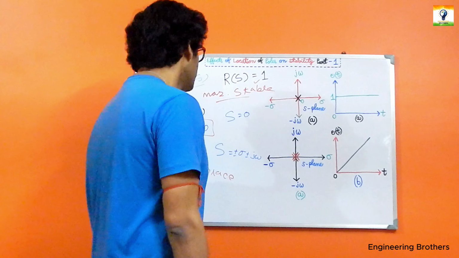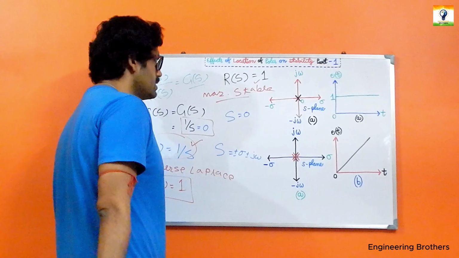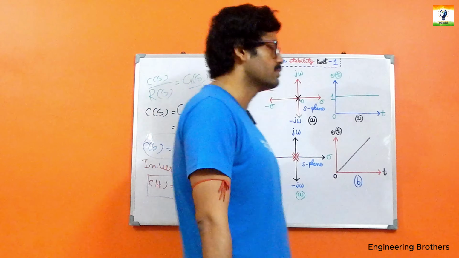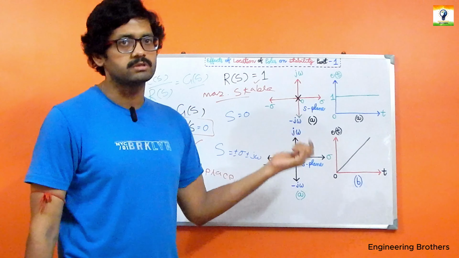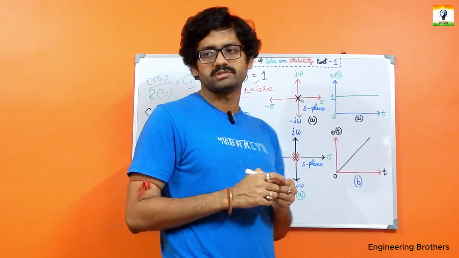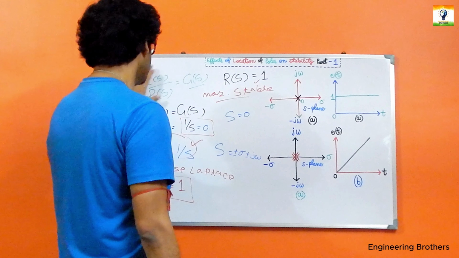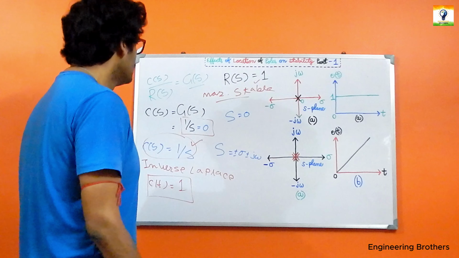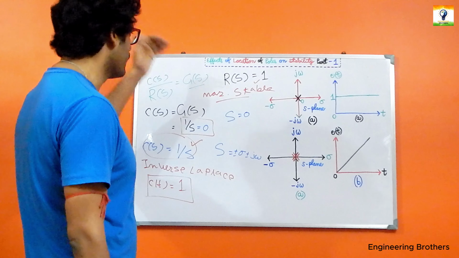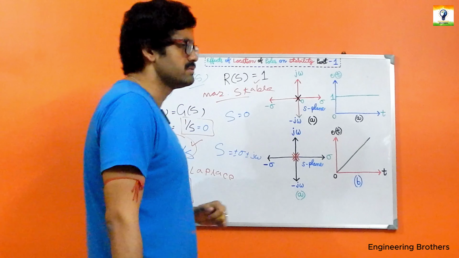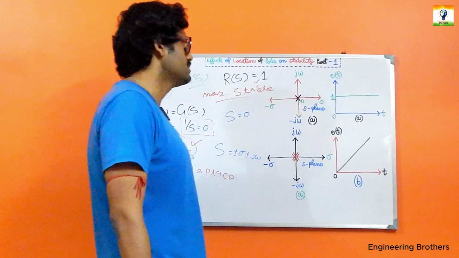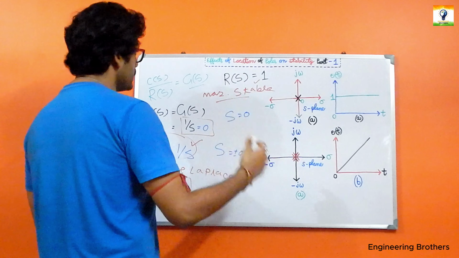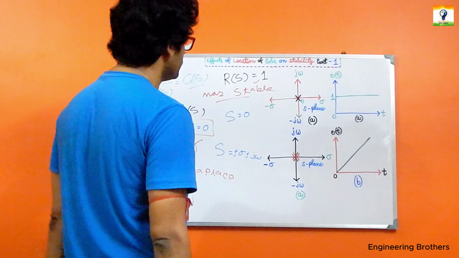I want to say that this section is very important from a stability point of view. So first of all, I want to remind you once again that the transfer function definition is C(s)/R(s), which gives us G(s). And if we apply the impulse response here, that is the ultimate rule for the stability point of view.